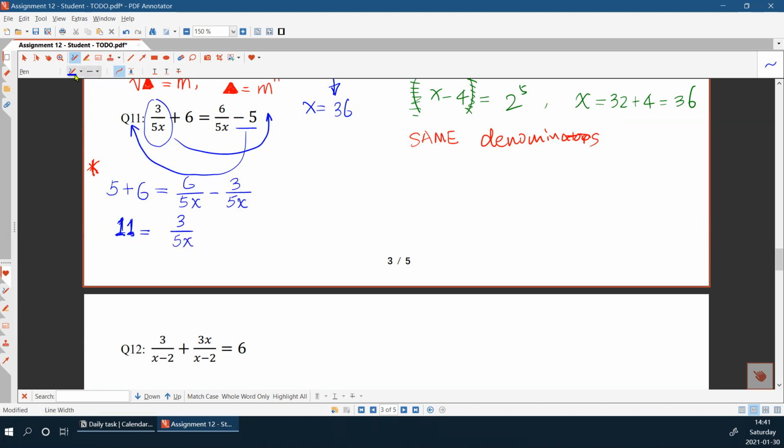Crucial means important. 6 minus 3, you have 3 over 5x. Okay, and by using the multiplication method, you have 3 times 11 equals 5x. Then our x here is 33 over 5.